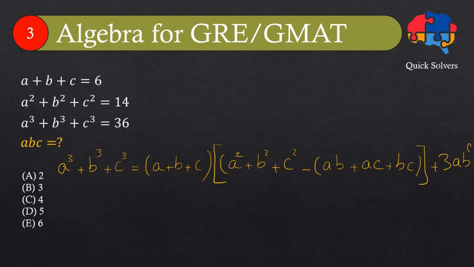Now I can replace this term by 36, because we have already seen that a cubed plus b cubed plus c cubed equals 36.